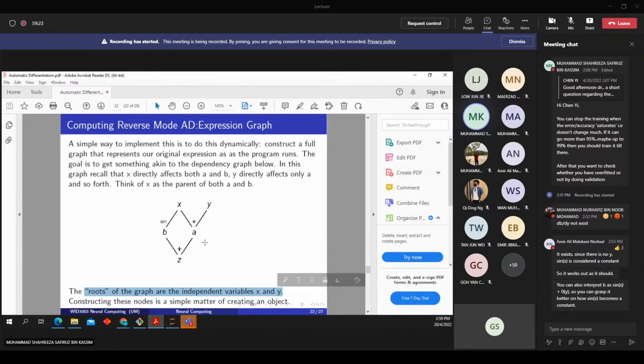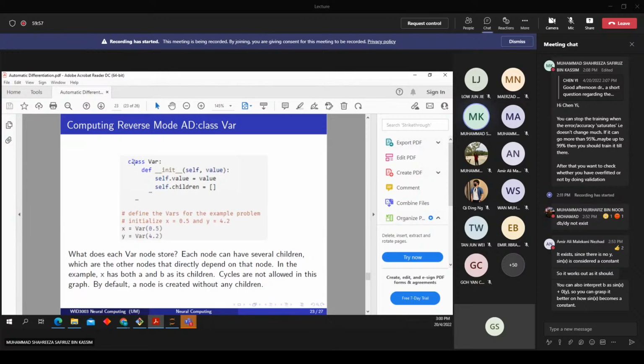And by doing this, what we want to do now is store the relations, right? The information: who are the children of X? B and A belong to X, and A belongs to Y. Z belongs to B and A. And how do we do that? We define a new class called Var, or variable.